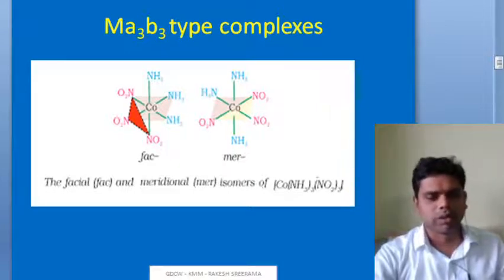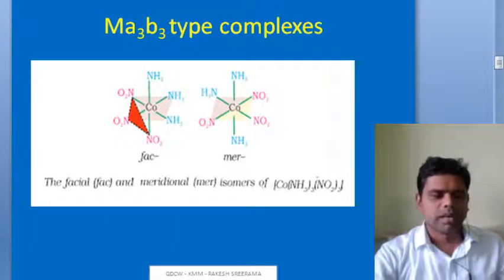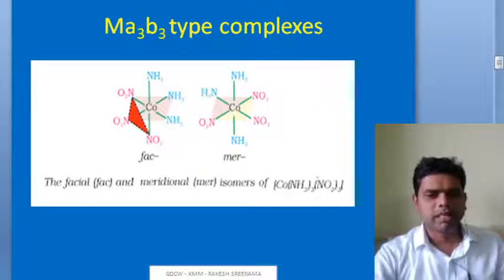Meridional plane we call that. So in the case of cis-trans isomers, here it is facial and meridional. Your cis may be considered as facial and meridional is the trans form. Instead of cis-trans, here we call them facial isomers and meridional isomers.